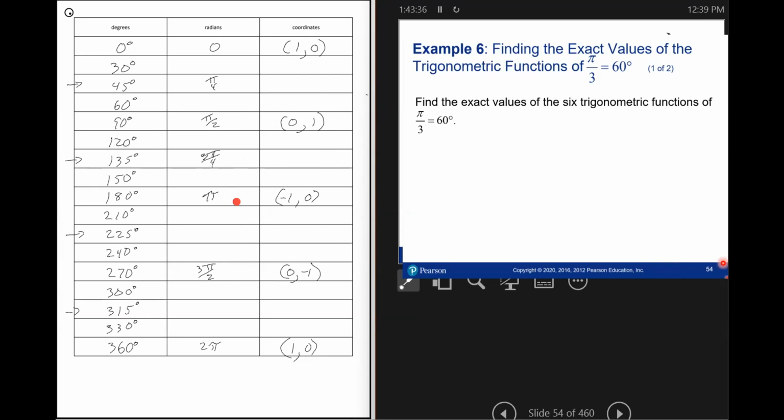This one is 4/4, and the next one is 5/4, so we have 5 pi over 4. And 270 is 6/4, because that simplifies to 3/2. And the next one is going to be 7/4, 7 pi over 4.